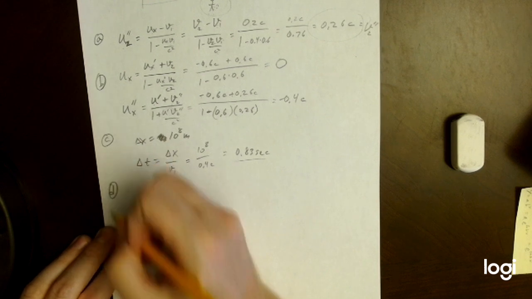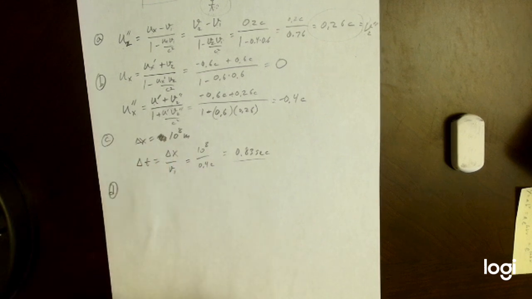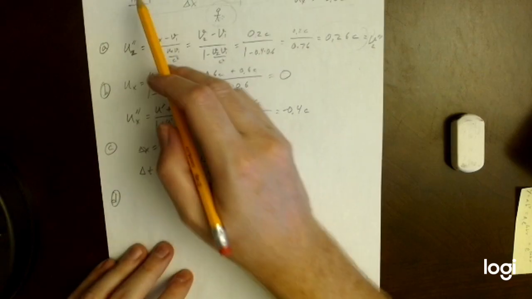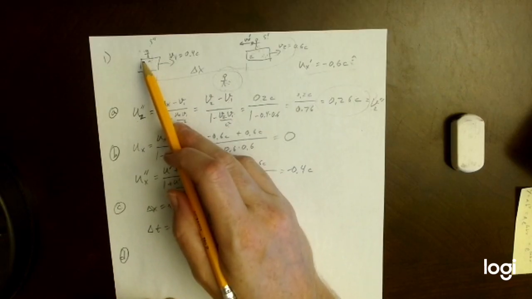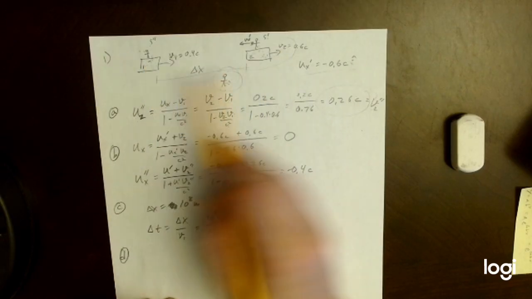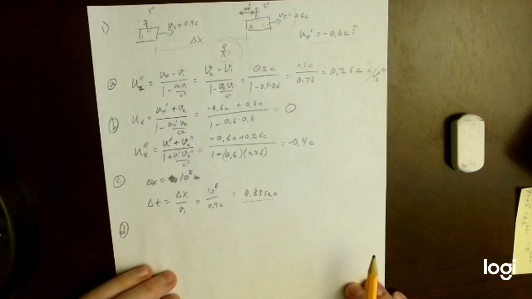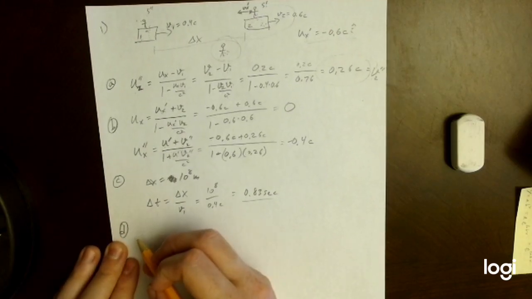The last thing we can think about is how long does this take from the perspective of the observer in S double prime, the person who's going to catch the ball. Sorry, I keep losing my drawing off the top here. So how long does this take?